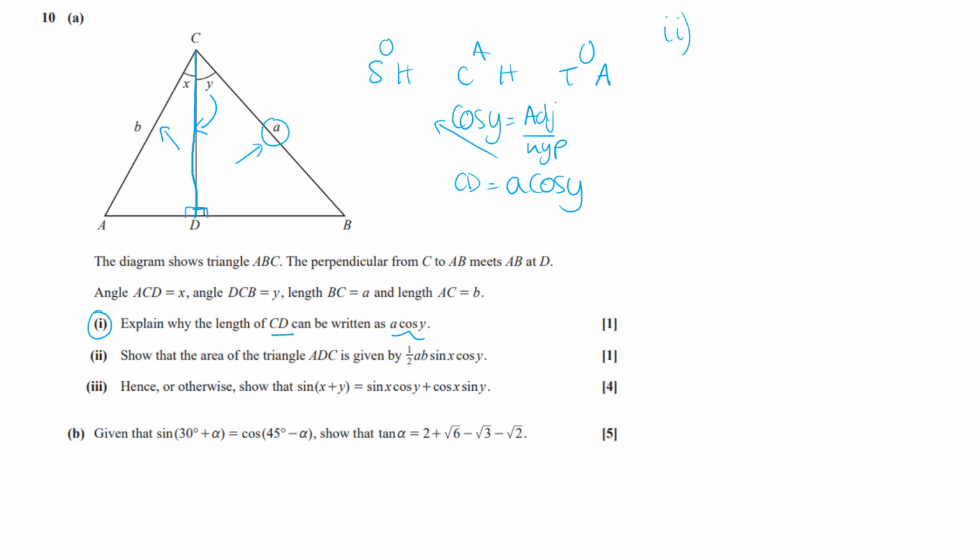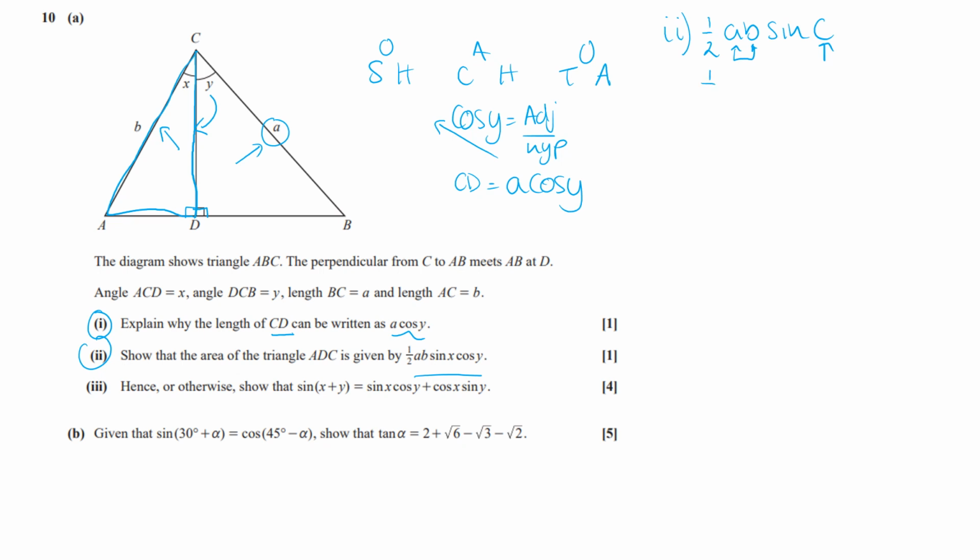Now in part 2, it's asking us to show that the area of the triangle ADC, which is the triangle on the left, is equal to half AB sine x cos y. Well, we know that the area of a triangle is half ab sine C, where a and b are two sides and the angle C is the angle between them.